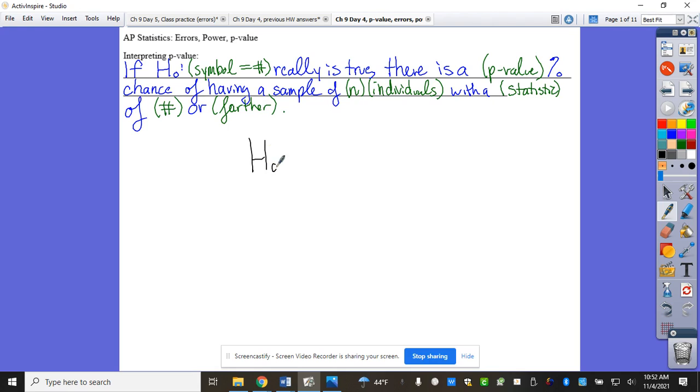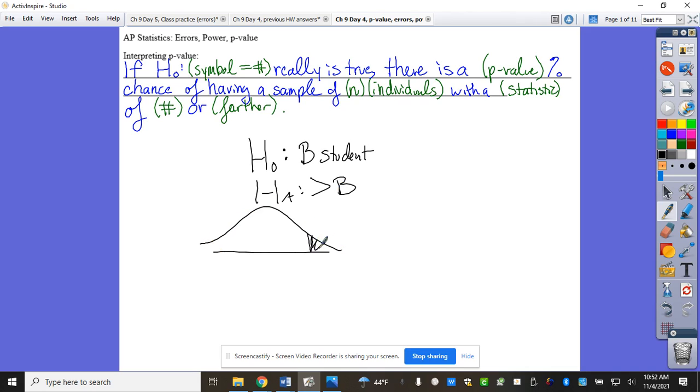Let's pretend I'm dealing with something like, given the null hypothesis that I'm dealing with a B student, the probability that they're getting better than a B. And I get something like, so what % chance is that?